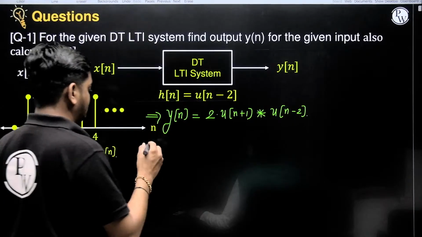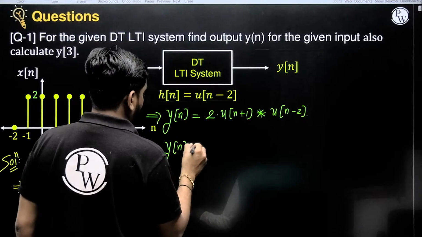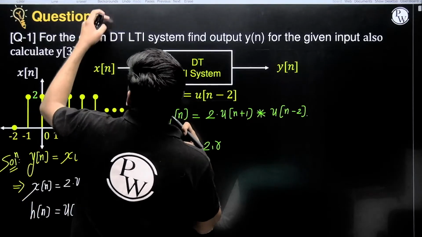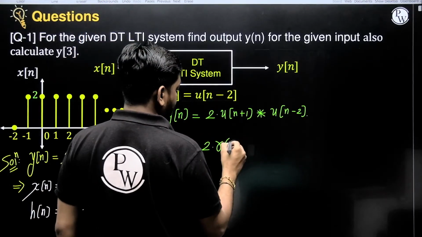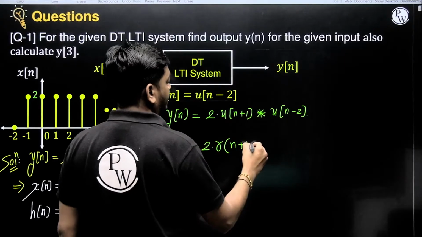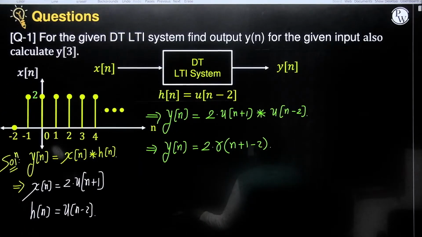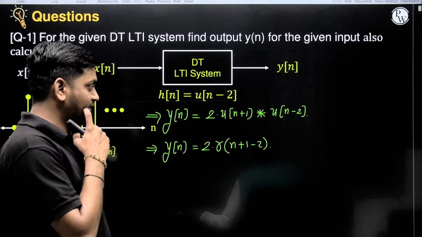Now the answer is this r of n plus 1. This also together n plus 1 and this minus 2, correct? 2 r of n plus 1 minus 2.